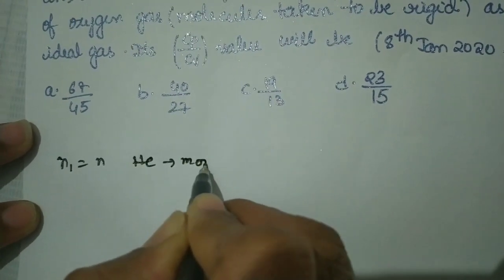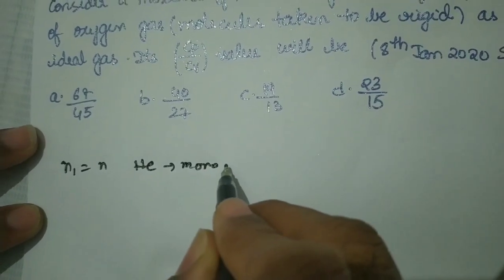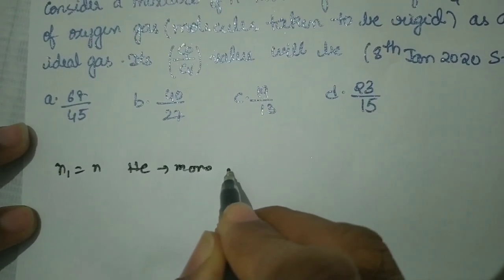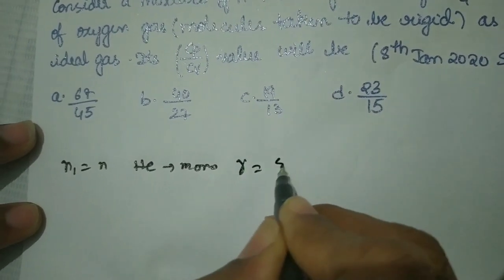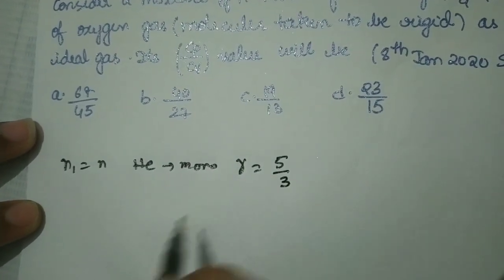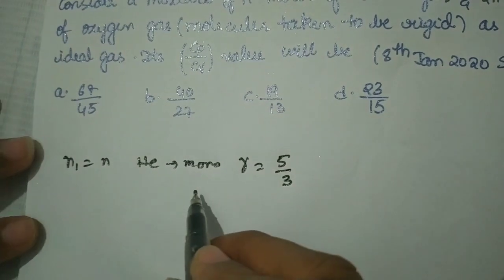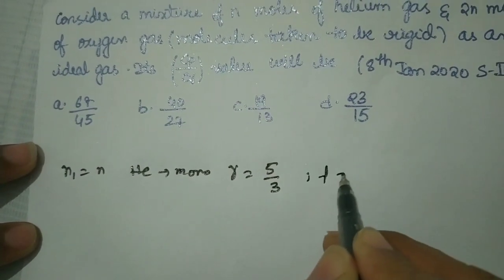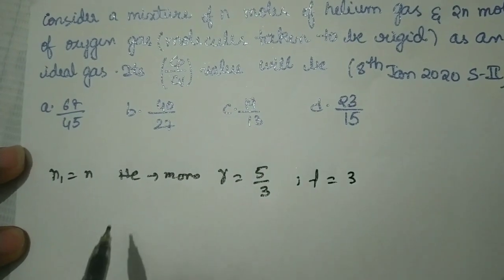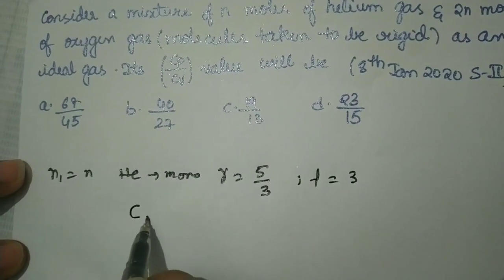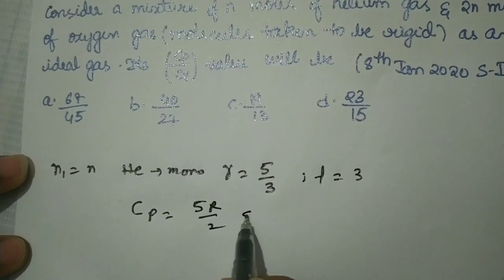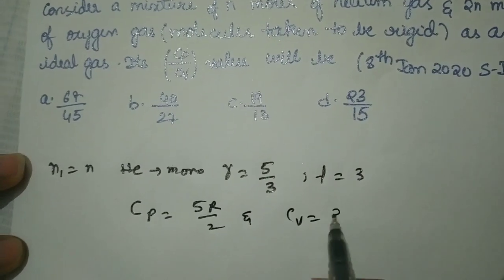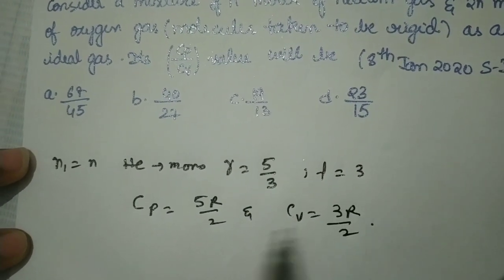For monatomic gas, the number of degrees of freedom is 3. So, gamma is equal to 5 by 3. Then Cp is equal to 5r by 2 and Cv is equal to 3r by 2.